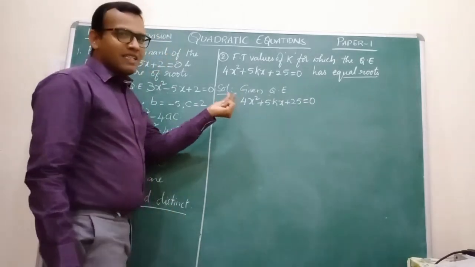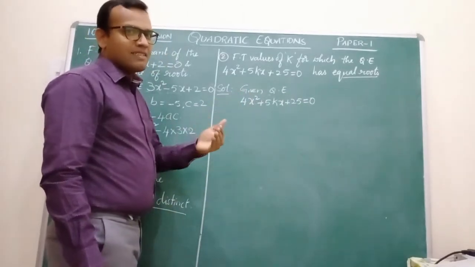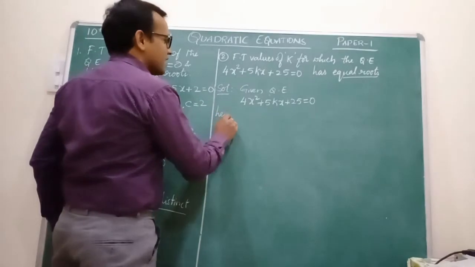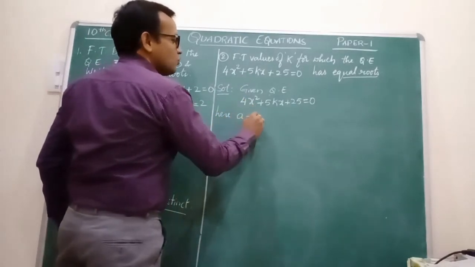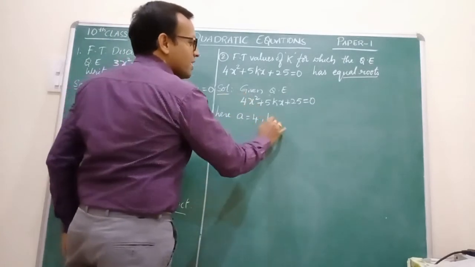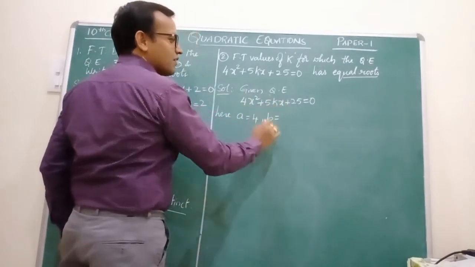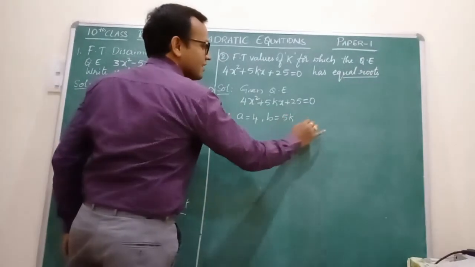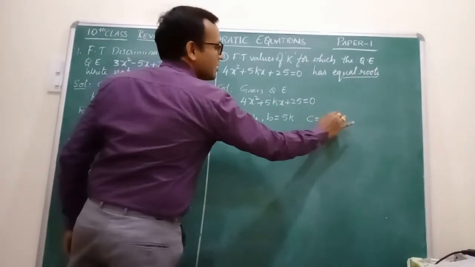Here a is equal to 4, the coefficient of x square. B is equal to 5k, the coefficient of x, and c is equal to 25.